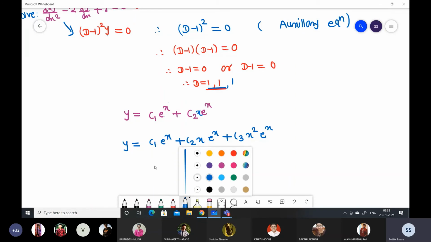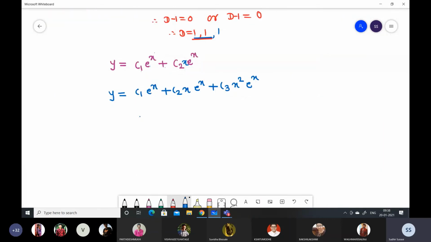Now let me take another example so that you'll get the feeling of repeated and distinct roots. So (d minus 1) whole square (d minus 3) y is equal to 0. Suppose this is a given differential equation and I want to solve this for y.